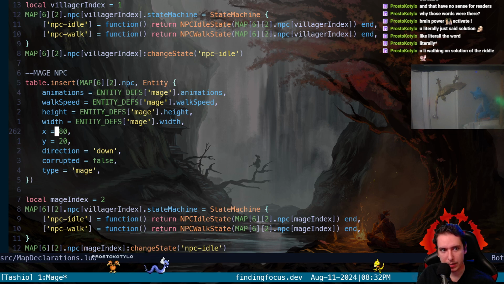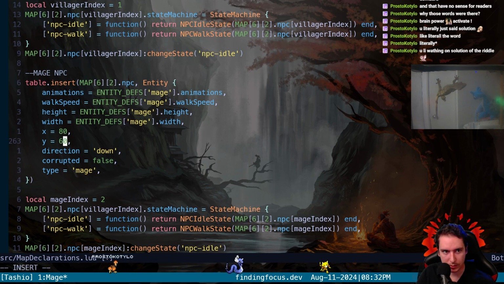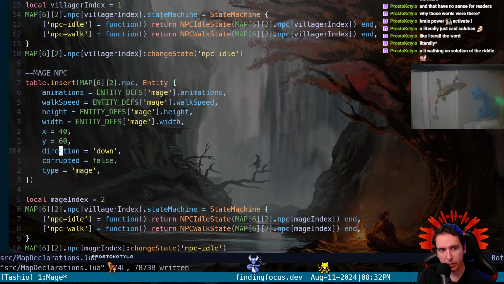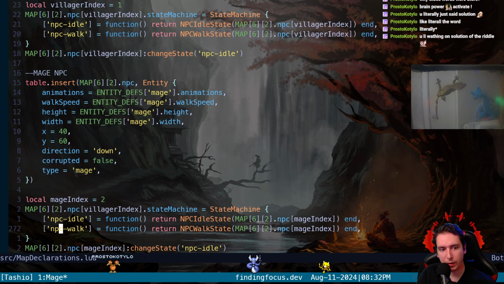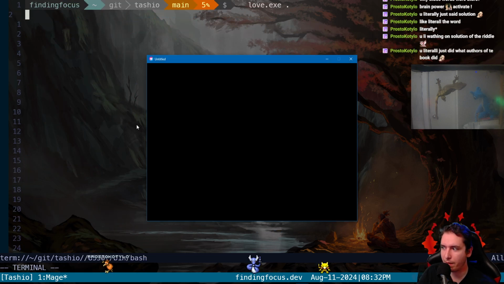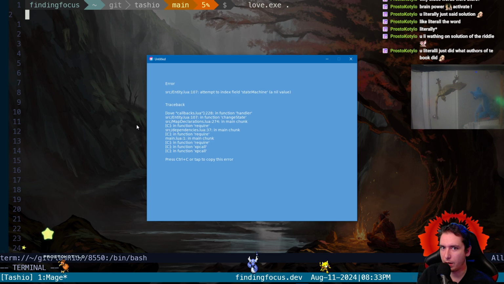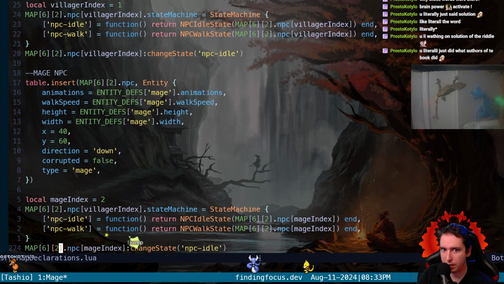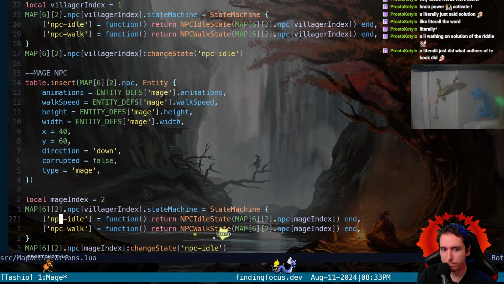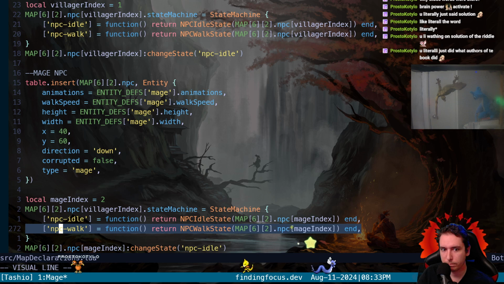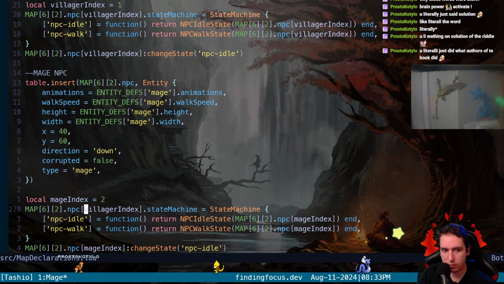We can give a different X and Y, so maybe it's 60 and 40, I don't know. Start direction down, not corrupted. I think we can get rid of that at this point, but let's just see if we should have a mage.